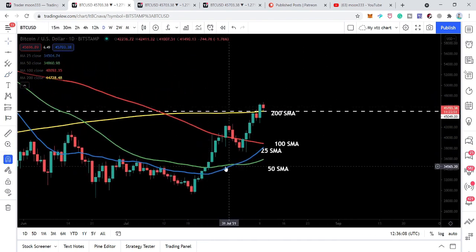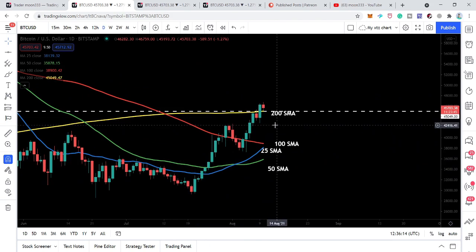In the same way, before this golden cross we are witnessing this rally towards the upside, and when this golden cross is formed, that will be the final hit to the bears, and then we will be completely in a bullish trend on the daily time frame.